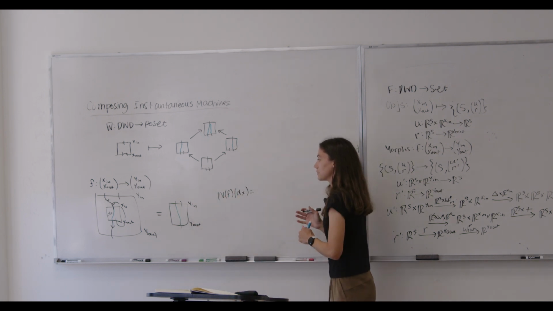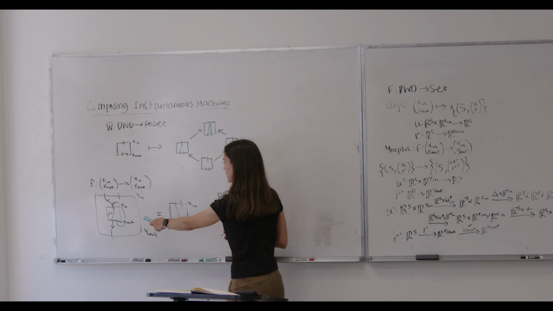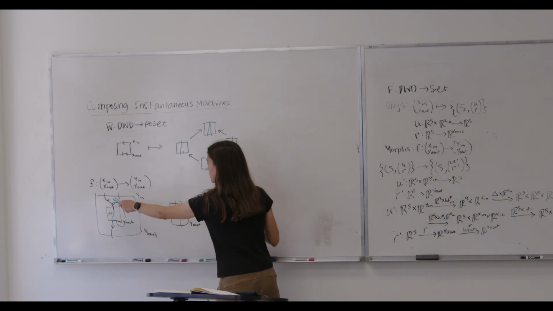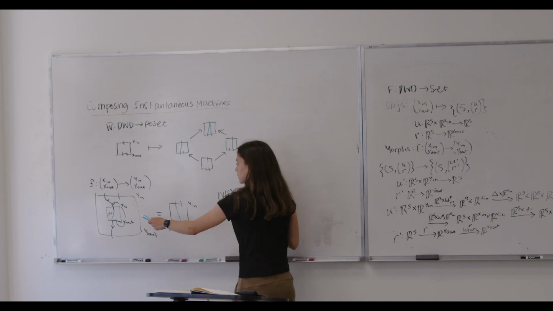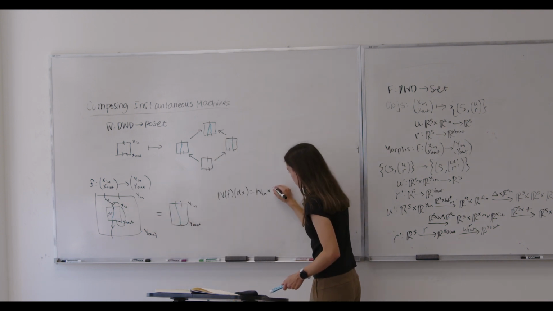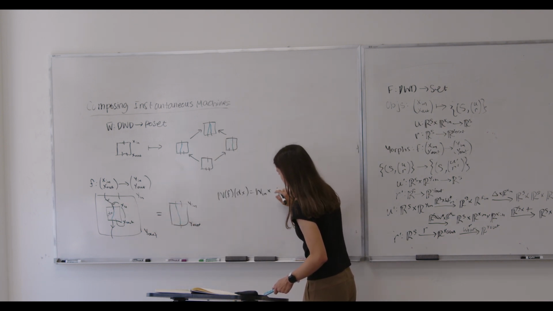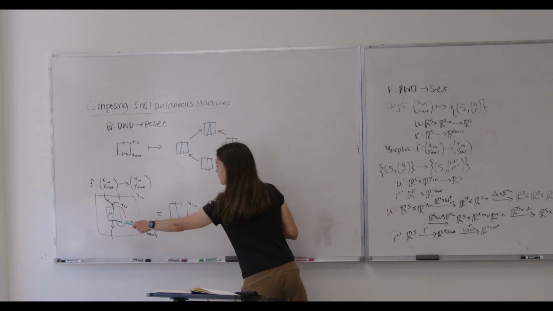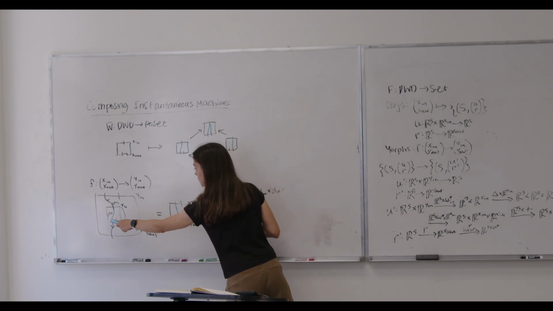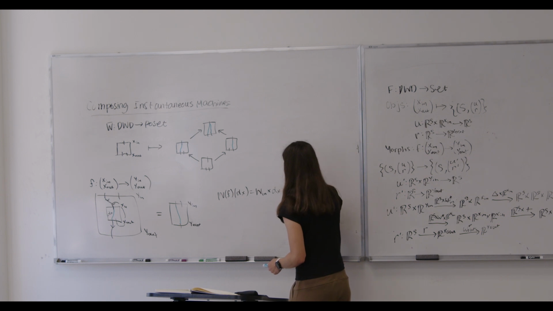So we need to get some d of y now. And so what we want to say is, well, we have to take W in. We need to compose it with d of x, and then with W out.